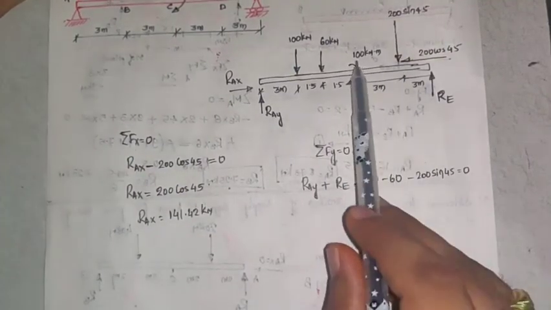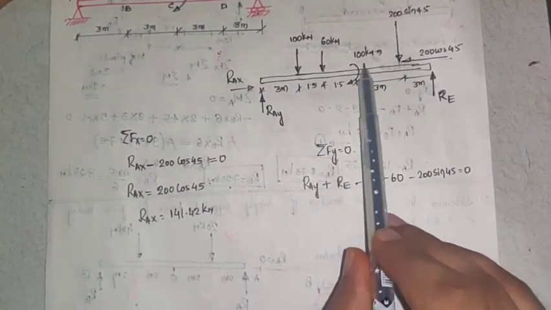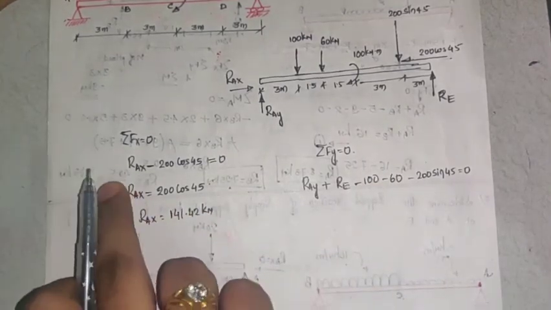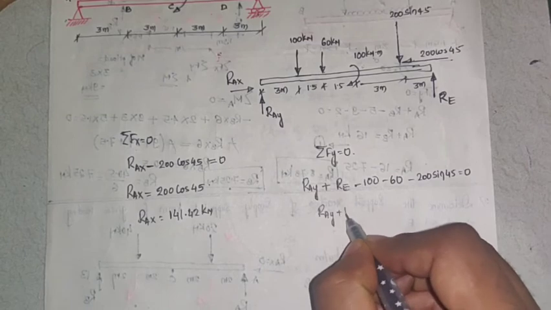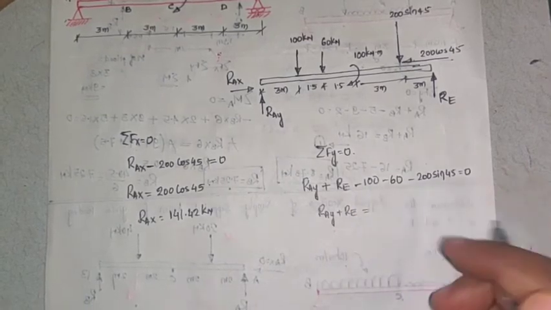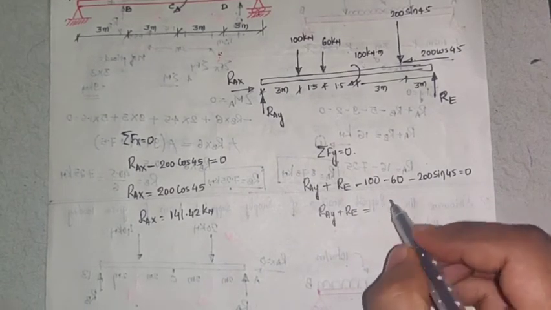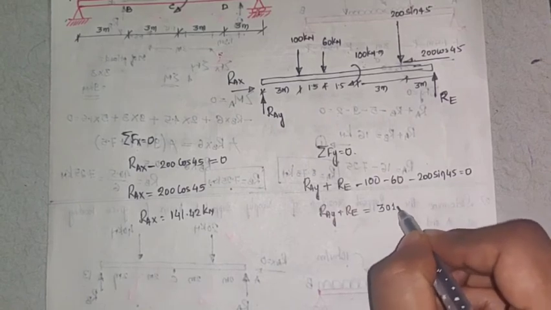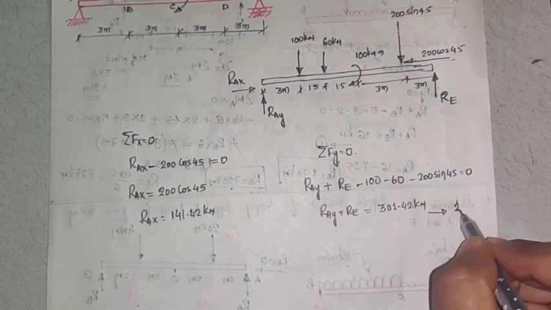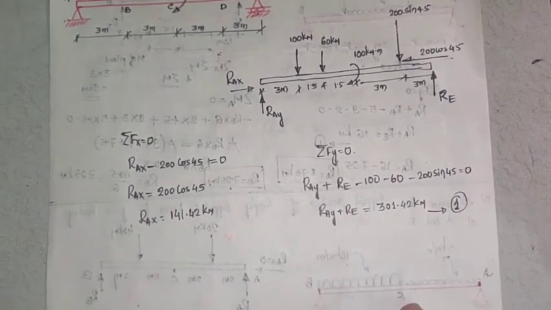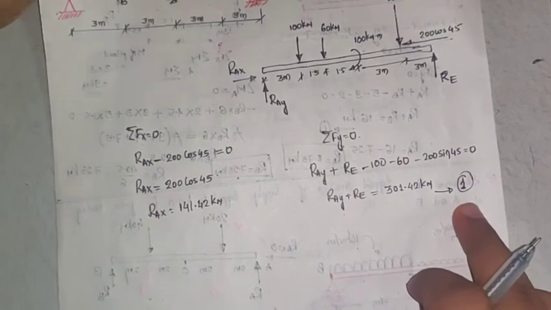You should know that this 100 kilonewton is not a force, it is a moment, so I have not considered it here. Then RAY plus RE, taking all the forces to the other side, is 301.42 kilonewton. Since there are two unknowns, I cannot solve this yet, so I'll mark this as equation 1.